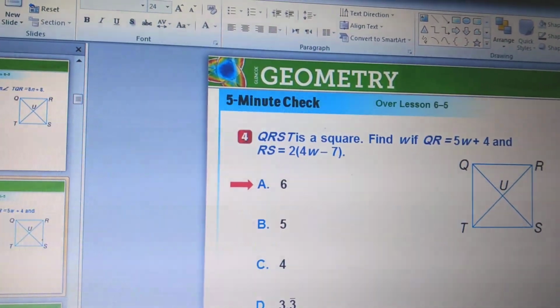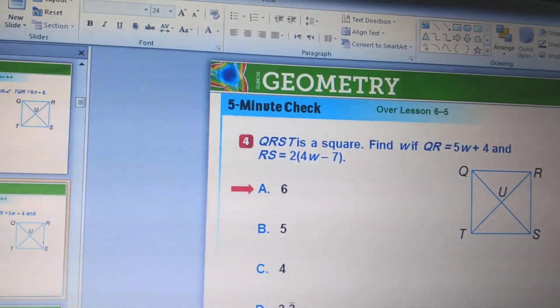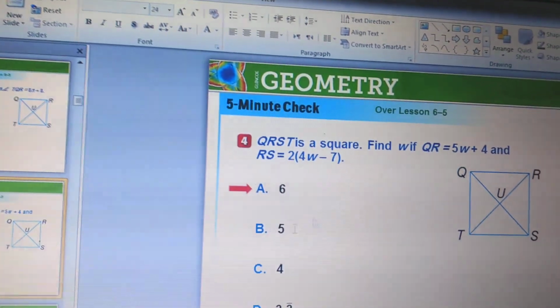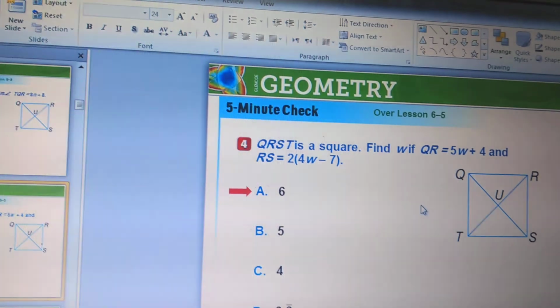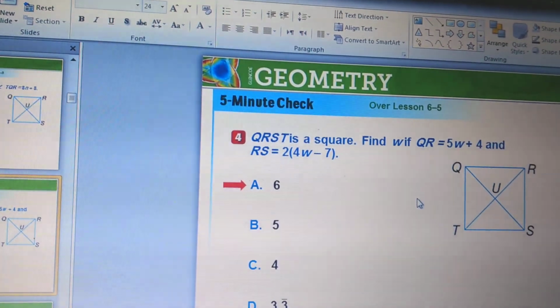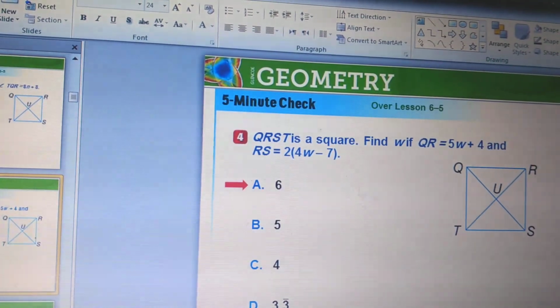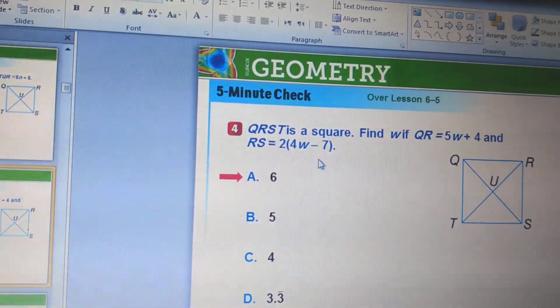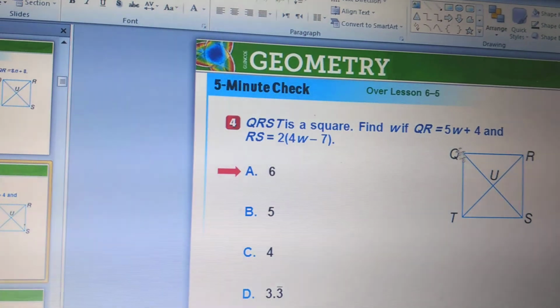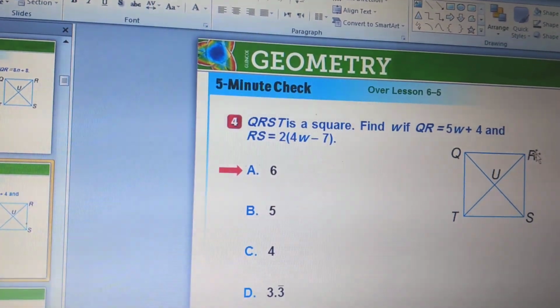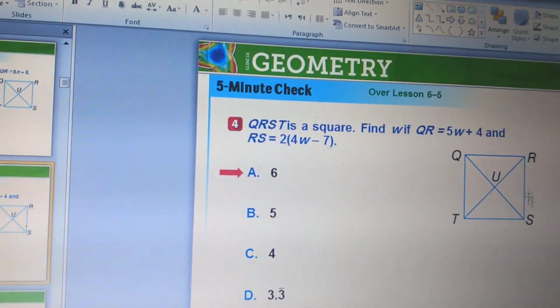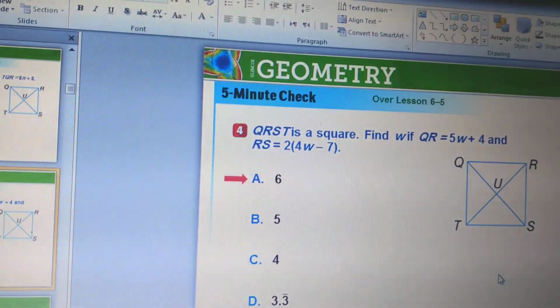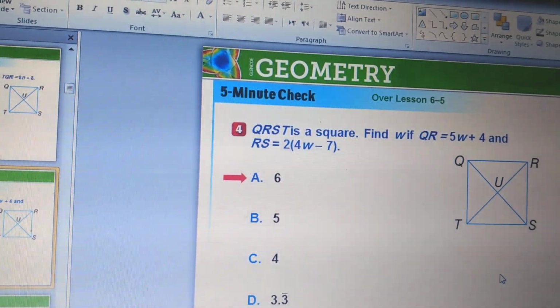Another example, QRST is a square. Find W if QR equals 5W plus 4 and RS equals 2 times 4W minus 7. Of course, QR and RS are equal because this is a square and we know that all sides of a square are congruent.